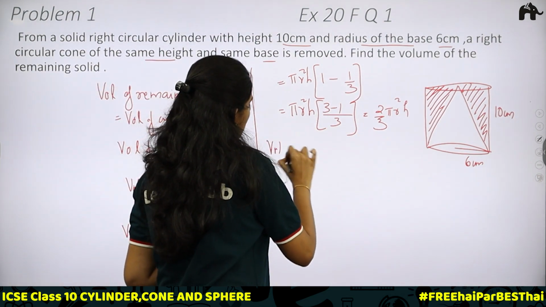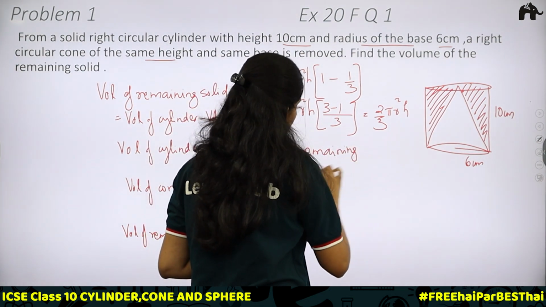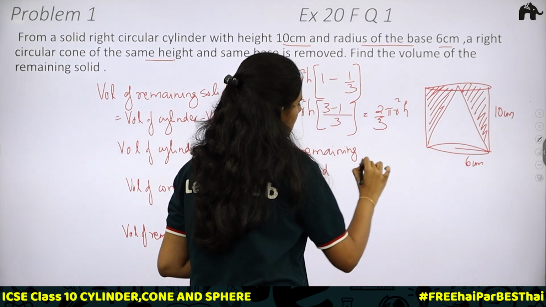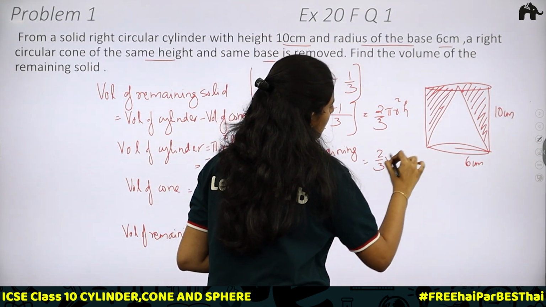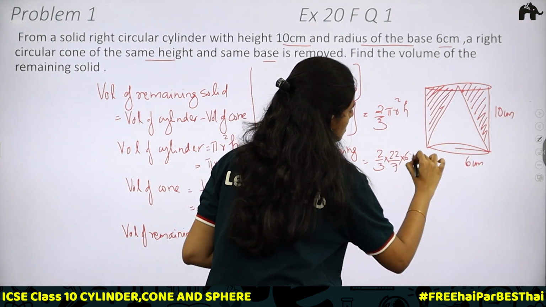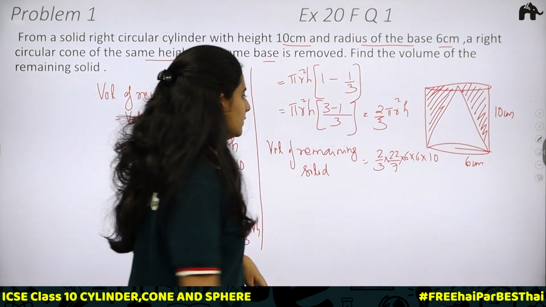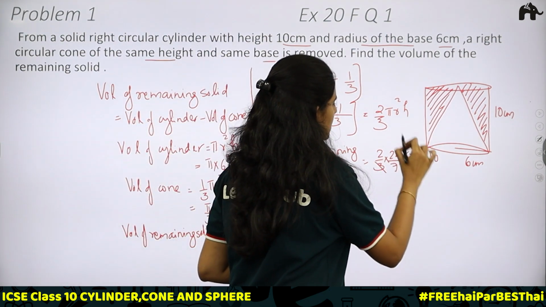Therefore, the volume of remaining solid is equal to 2 by 3 into 22 divided by 7 into r square, 6 into 6, and height is 10 into 10. Okay, 3 and 6 can be cancelled.